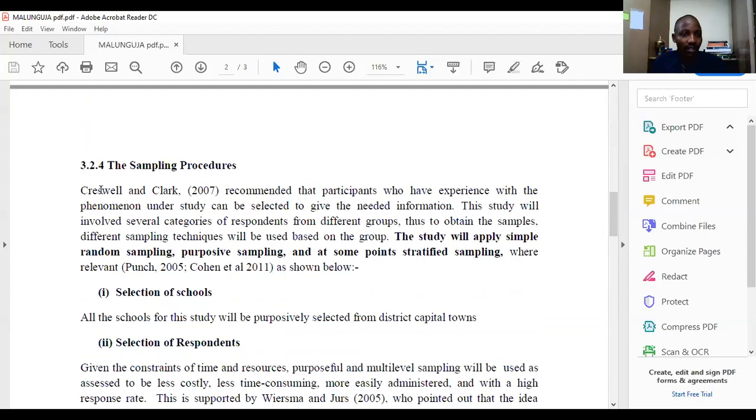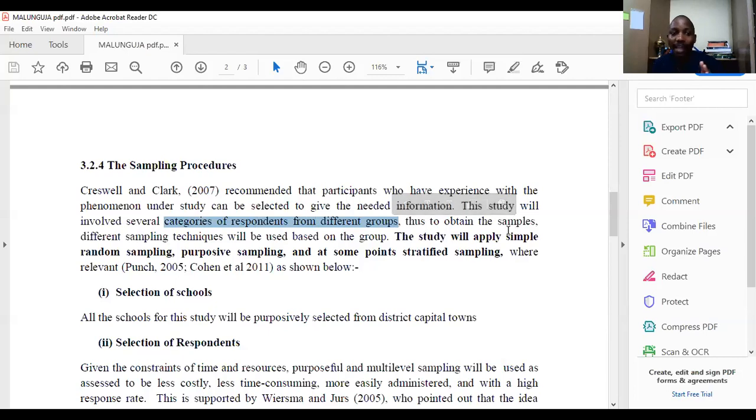According to Creswell and Clark 2007, it is recommended that participants who have experience with the phenomena under study can be selected to give some needed information. This study will involve several categories of respondent groups.